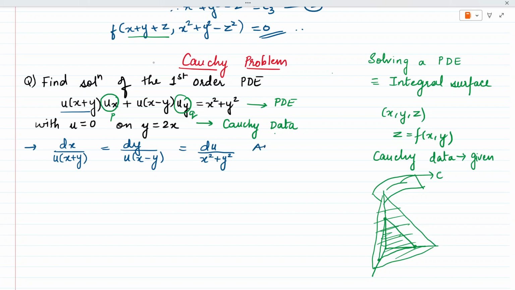Okay, this is your required auxiliary equation. Now, once you got the auxiliary equation, tell me which two equations to equate to get your answers. Can we equate the first and second? All your steps of Lagrange's will follow here, okay? All your steps of Lagrange's will follow.